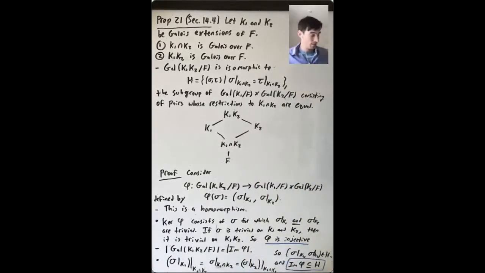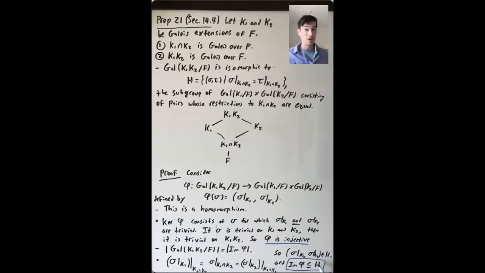Are those equal? And the answer is yes, because sigma restricted to K1 restricted to K1 intersect K2 is sigma restricted to K1 intersect K2. And that's the same thing as if you take sigma restricted to K2 and you restrict to K1 intersect K2. So what we're seeing is this pair is in H. So the image of phi is contained in H.